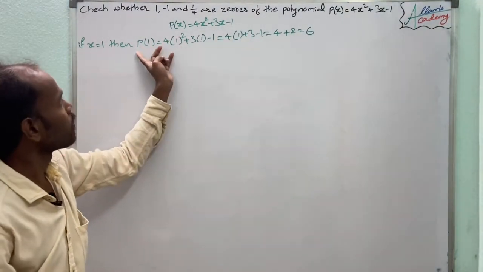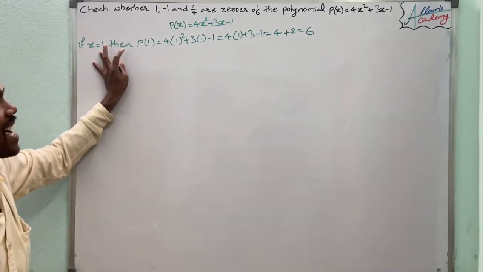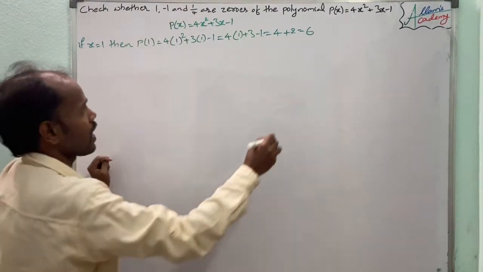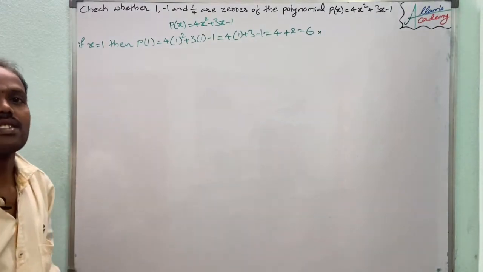So here p of 1 equal to 6. So 1 is not a zero of the polynomial, because we did not get 0.